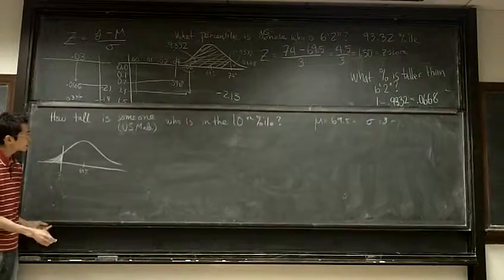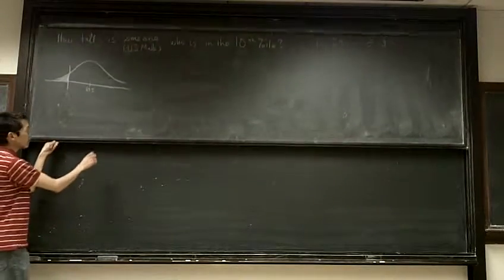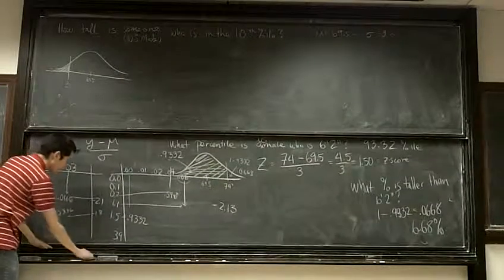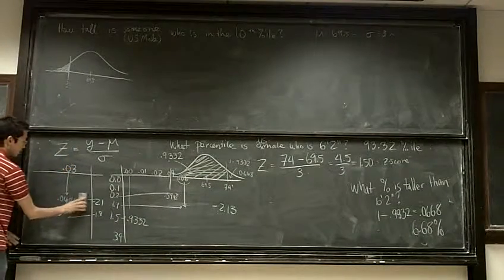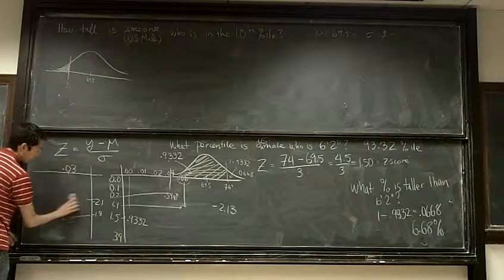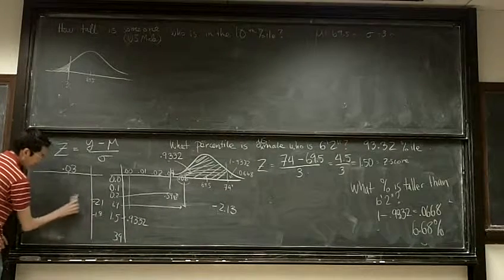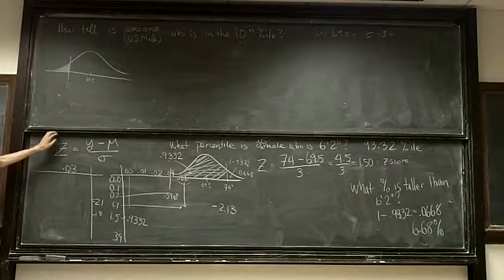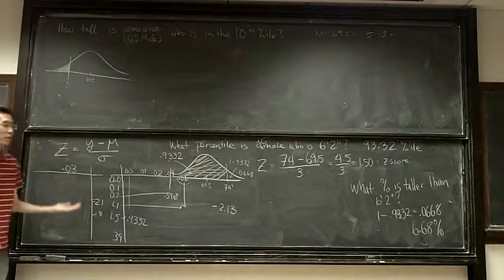So this is where it gets a little bit tricky, or not tricky, but you just have to remember what you're doing. It still involves z-scores and all of that good business, except we're looking up the percentile first.